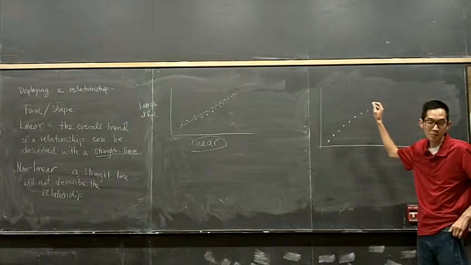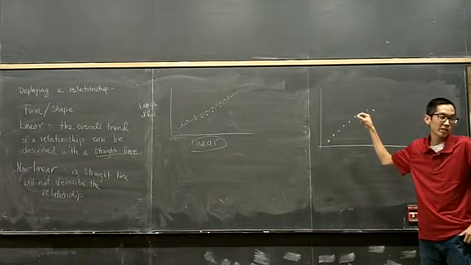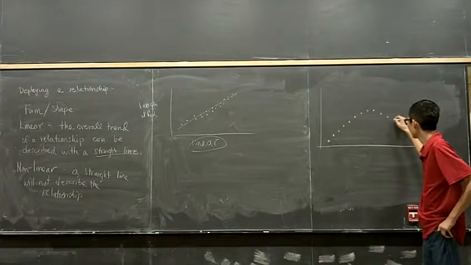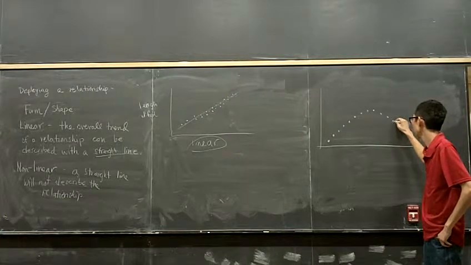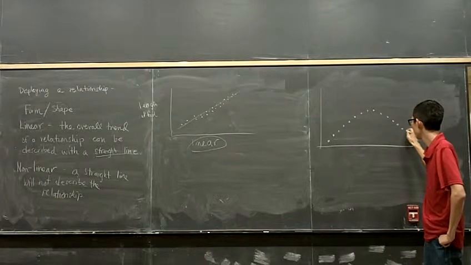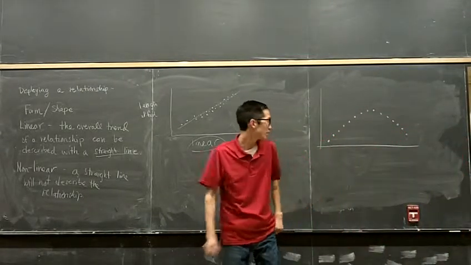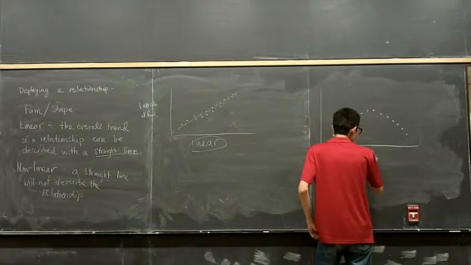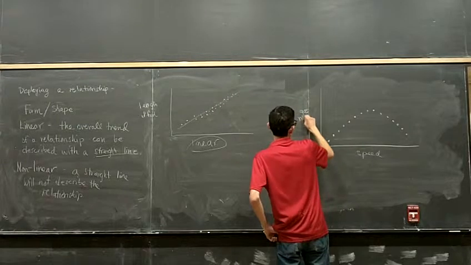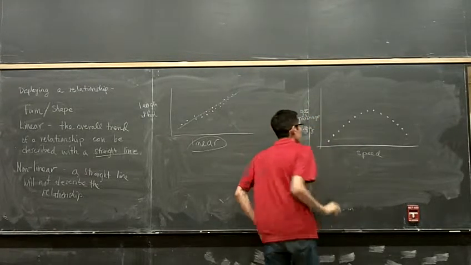But then if you start driving faster than that, your gas mileage gets worse. If you're driving really fast, like 80, you're going to use your gas a lot faster, to the point where your gas mileage decreases. So this will be the speed of your car versus gas mileage measured in MPG.